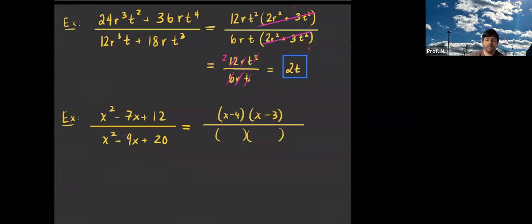What multiplies a positive 20 but adds to negative 9? So they both had to be negative in order to get a positive number, but when you add them, give me a negative number.